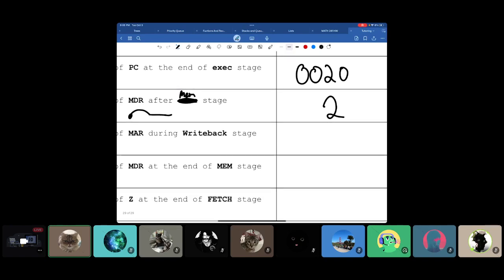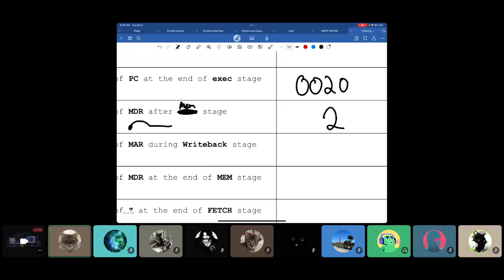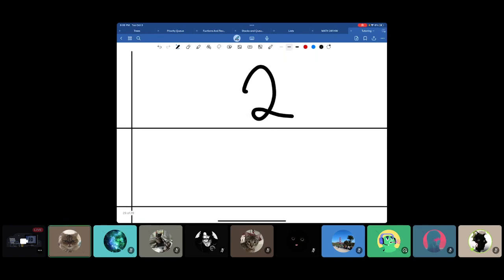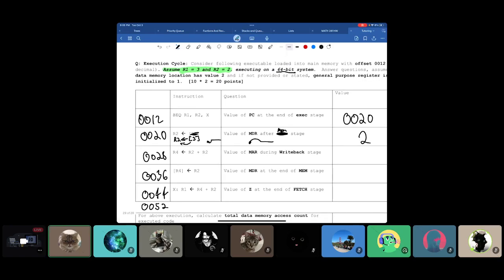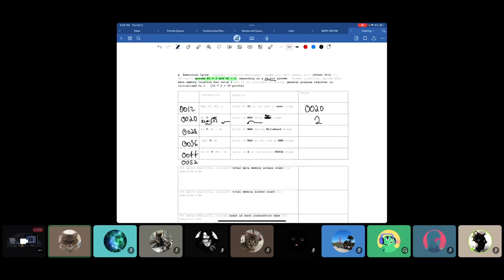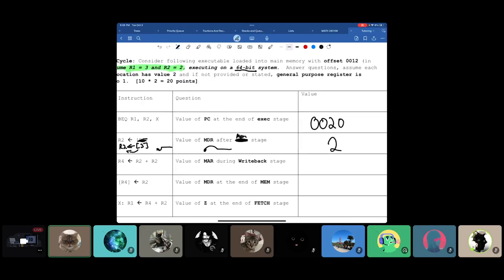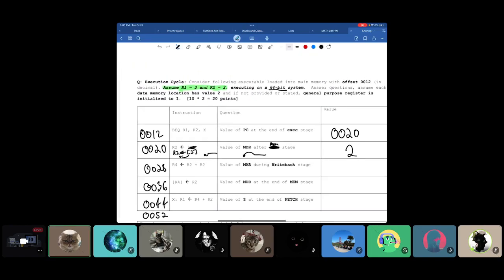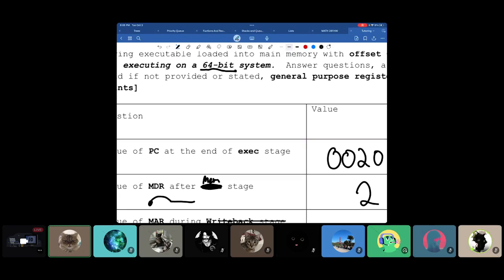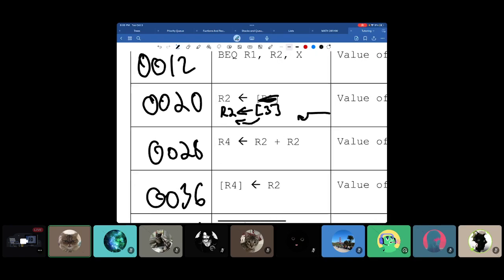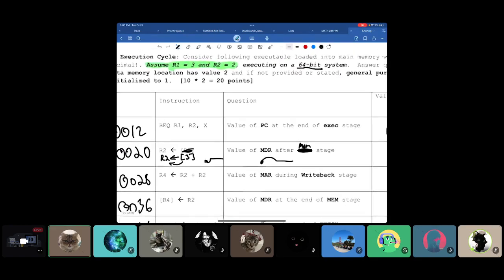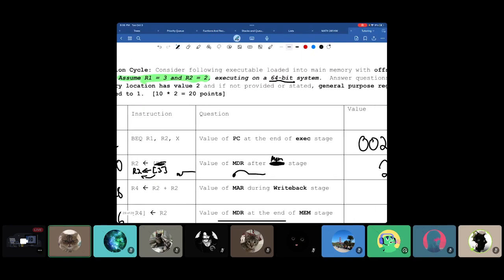Y'all can go with 1 if you want, but that just makes more sense to me. I really don't understand how we got 1, so I couldn't even explain that anyways. I guess if he's just going off a general purpose register, since we don't have the value of 3, that means we can't have the value of R2, but that's kind of contradictory based on the question, so I don't really know.